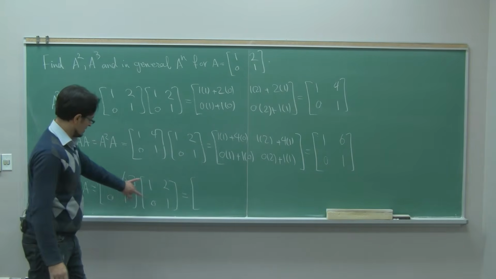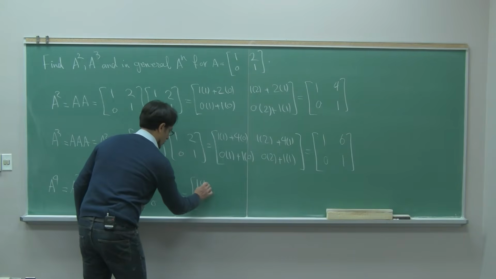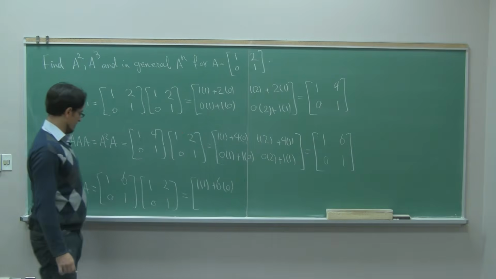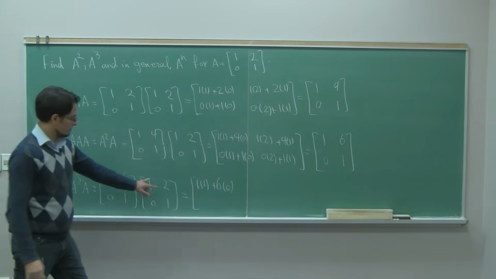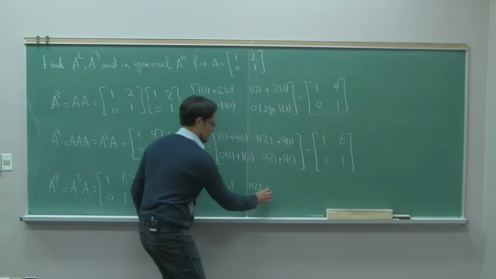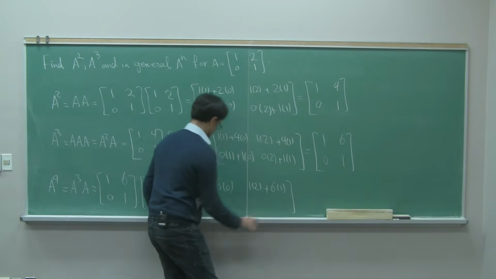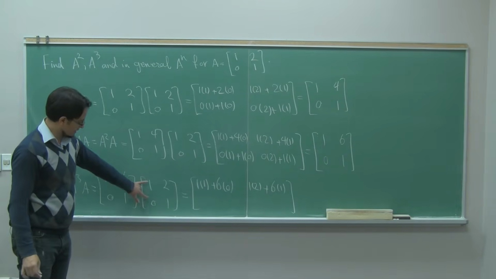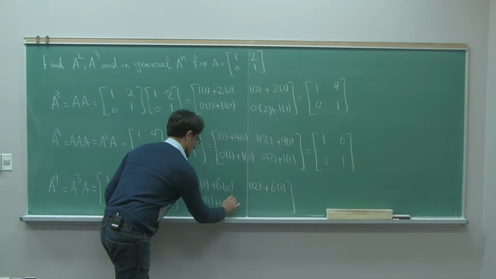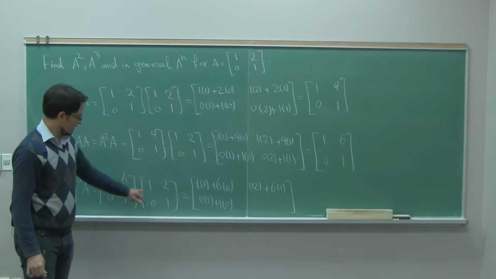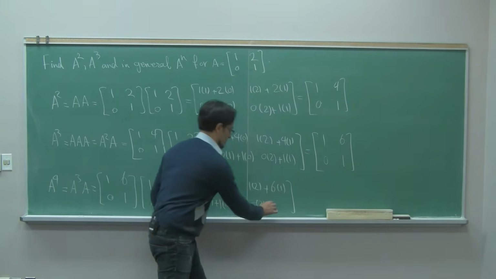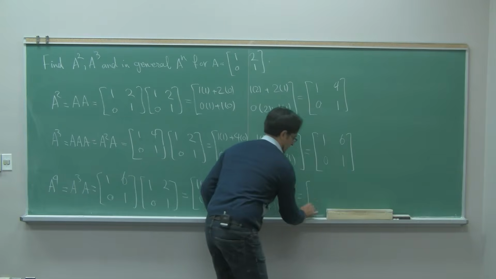The first entry is 1 times 1 plus 6 times 0, then 1 times 2 plus 6 times 1. Here, 0 times 1 plus 1 times 0, and 0 times 2 plus 1 times 1.